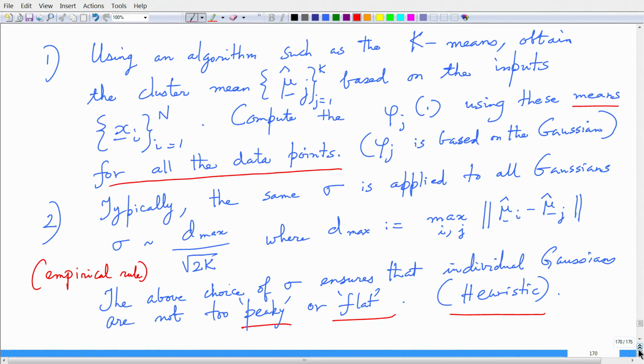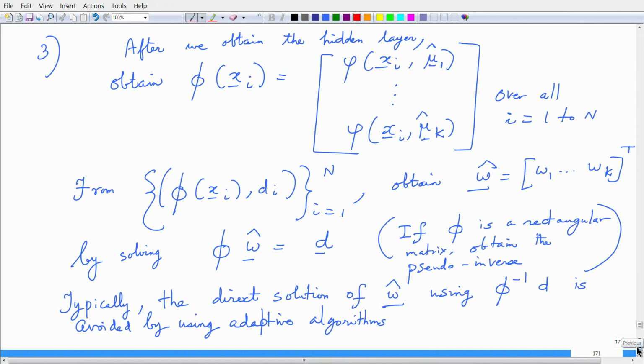Now, once we compute these parameters, then it boils down to solving this matrix equation phi times w hat is this vector d, where d is the desired vector, and this phi matrix is formed over all these points i equals 1 to n over the clusters mu 1 hat through mu k hat.